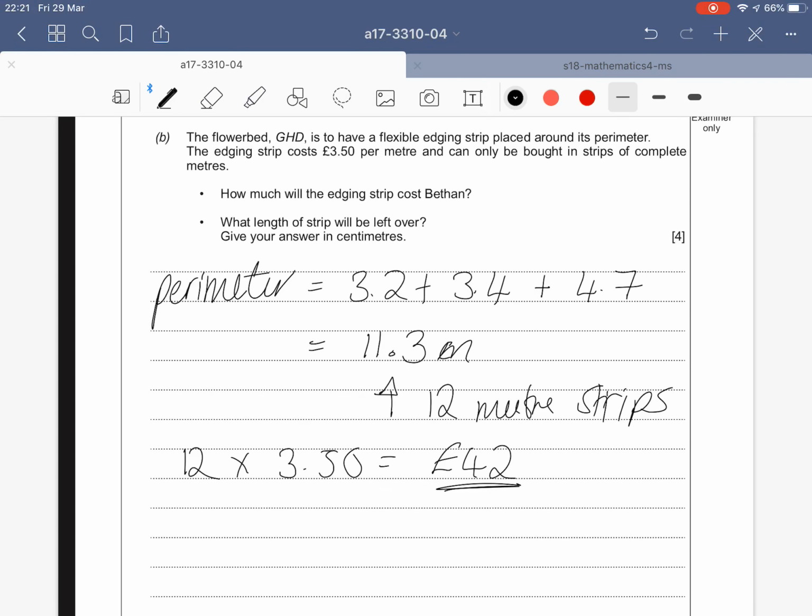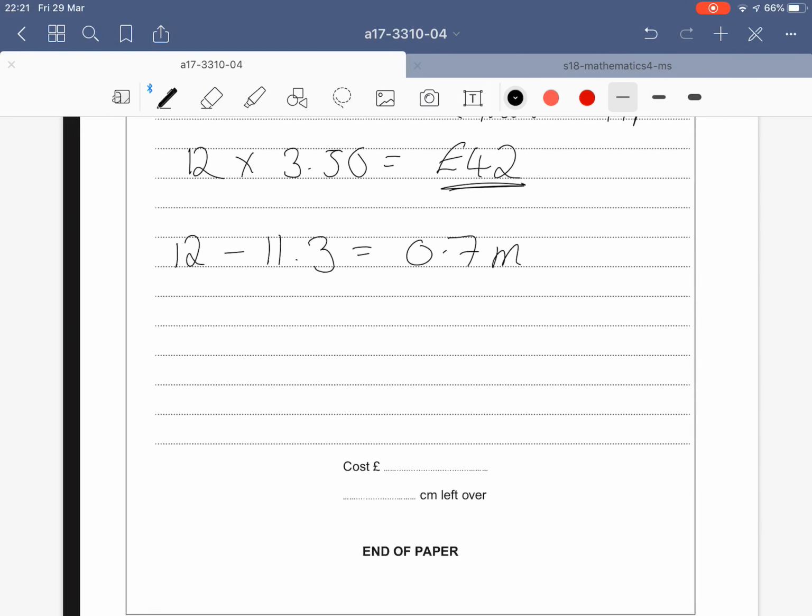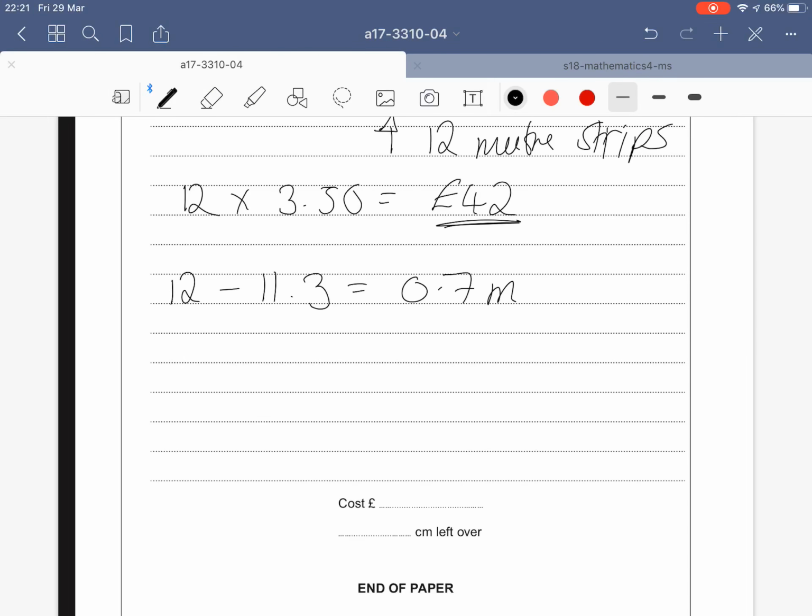So we know they cost £42, and she's bought 12 and she only needed 11.3, so that's only 0.7 metres that she doesn't need. They want it in centimetres, so just times that by 100, and that's 70 centimetres. So it cost her £42 and she got 70 centimetres left over.